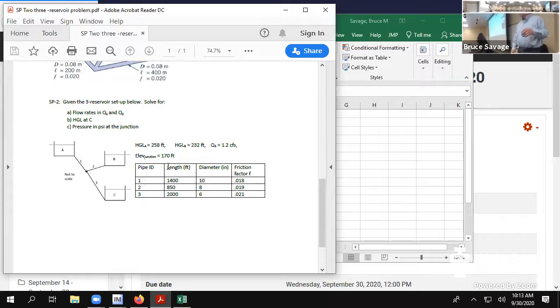So if you said, oh, the elevation is the hydraulic grade line, then yes, it is solvable. But in reality, the hydraulic grade line is not the elevation. The elevation is only one part of the hydraulic grade line, and you need the pressure. So I've introduced another unknown here. I've introduced the pressure at 1, and we also don't know the hydraulic grade line at C.